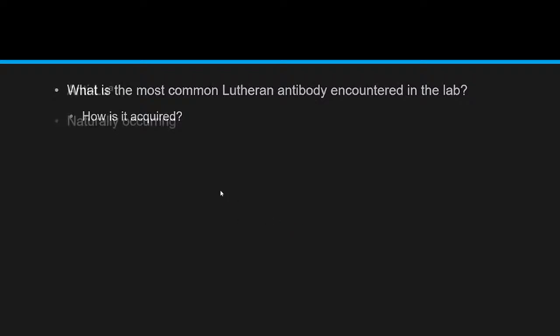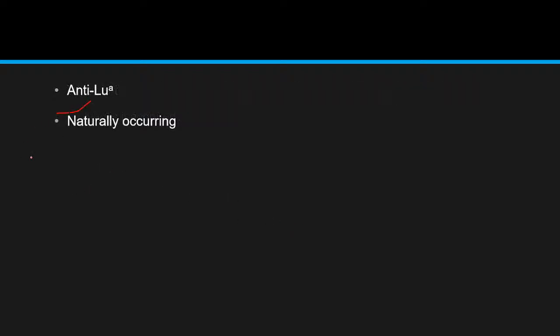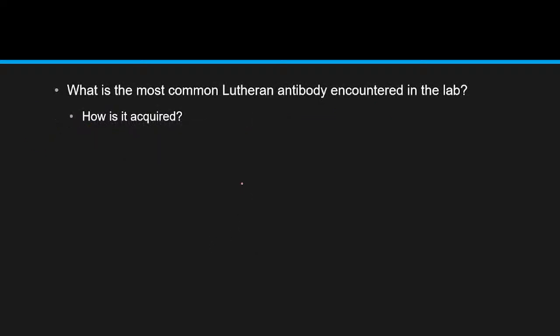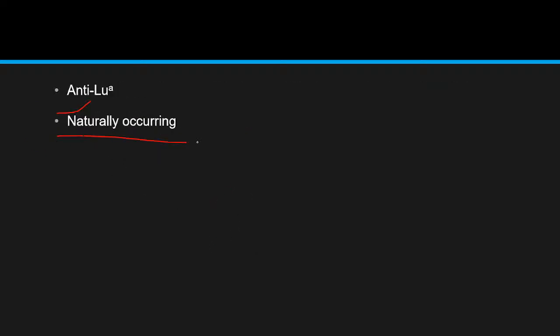It's actually anti-Lua, because B is high frequency in the general population, and therefore, since you don't have Lua, you will produce anti-Lua. Do you get why it's the most common Lutheran antibody? It's also naturally occurring, and the immunoglobulin class is IgG, but they are rarely clinically significant.